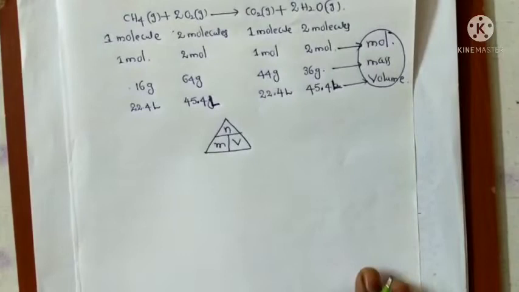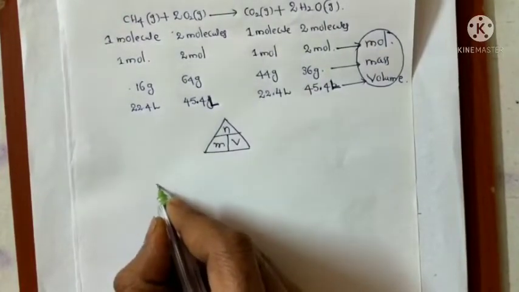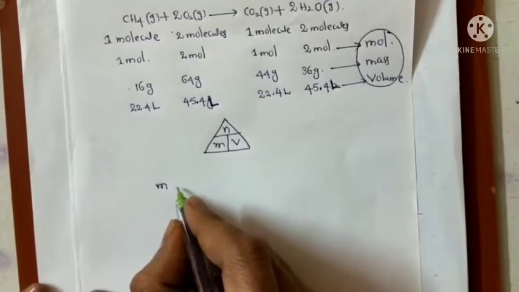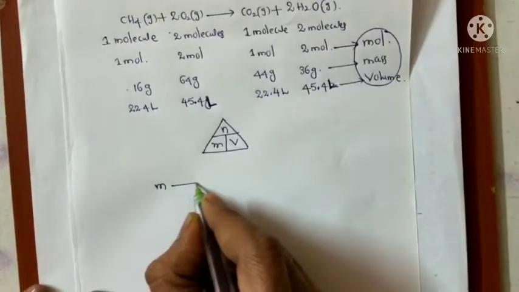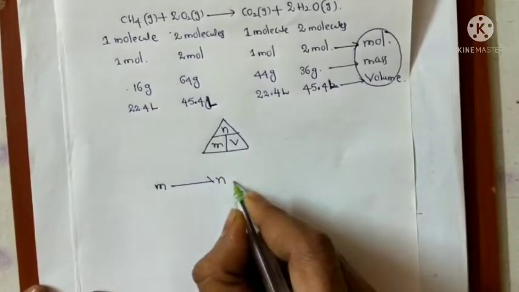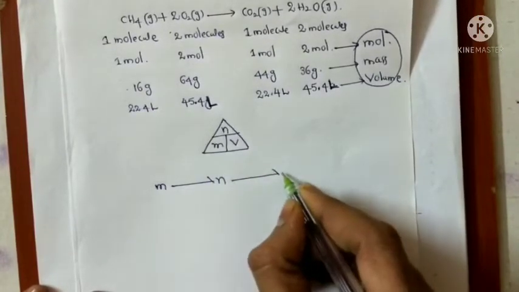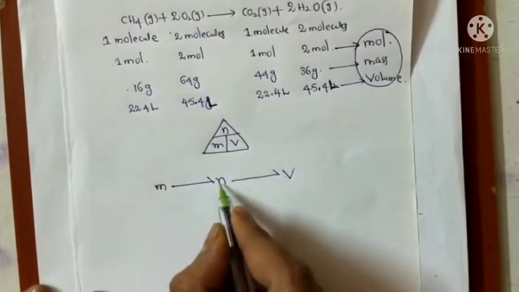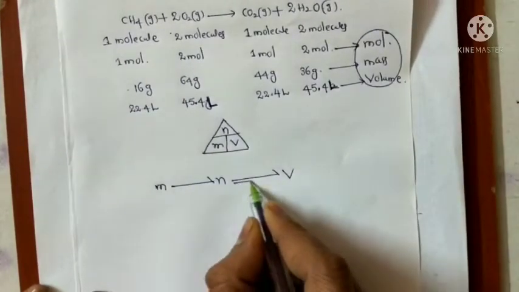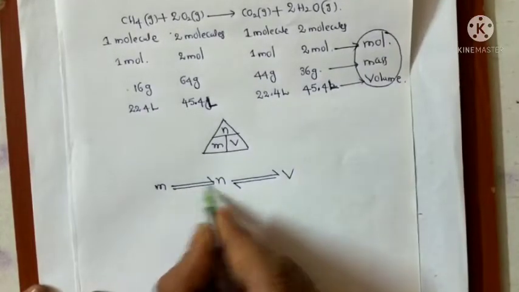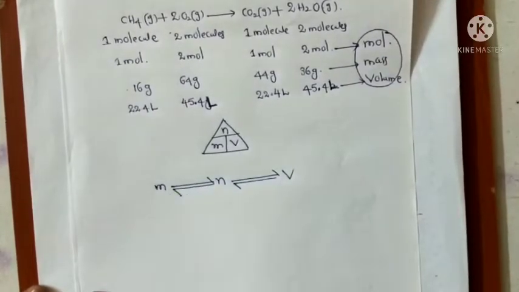I will give the chart and you will easily convert moles to masses like this. Masses are converted into number of moles, number of moles are converted into volume, volume is converted into number of moles, and number of moles are converted into grams, which is nothing but masses.